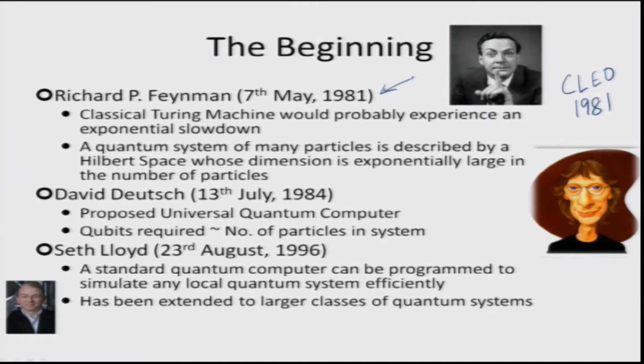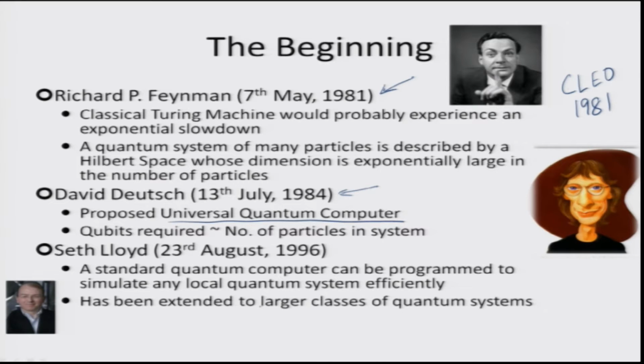Then David Deutsch in 1984 proposed the idea of a universal quantum computer. It was quite soon that this idea was brought out, and the qubits required were the number of particles in the system. That is how it was defined, and then it went through a lot of developments.